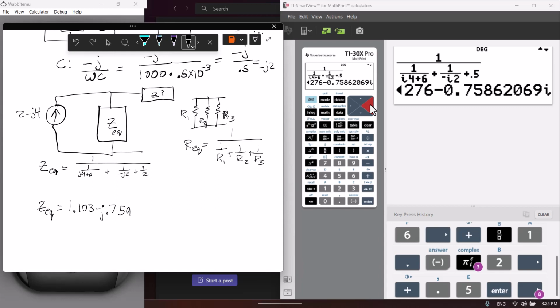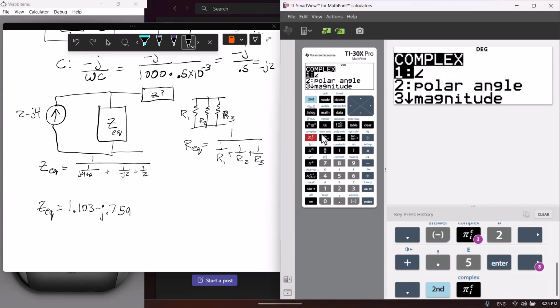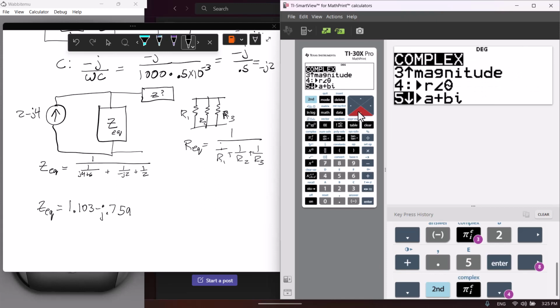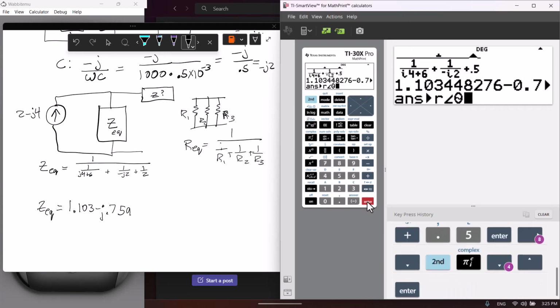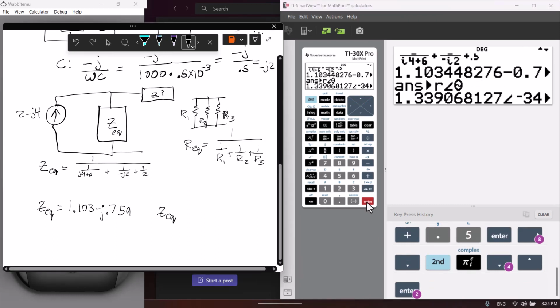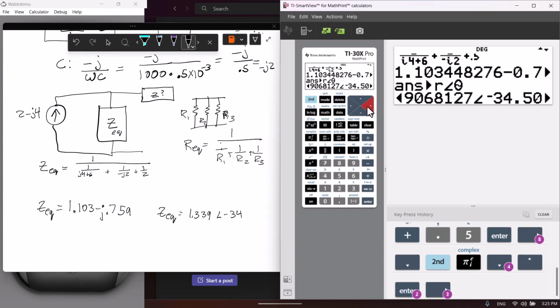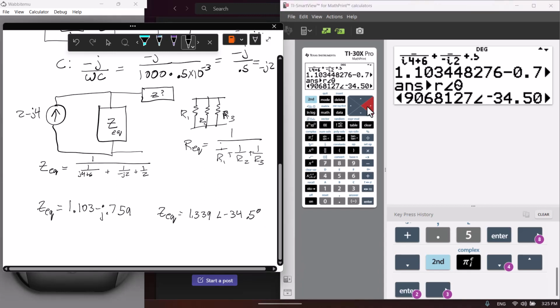Or I can change that to polar, so I can do second complex, change to R angle theta, and I get Z equivalent is 1.339 angle negative 34.5 degrees.